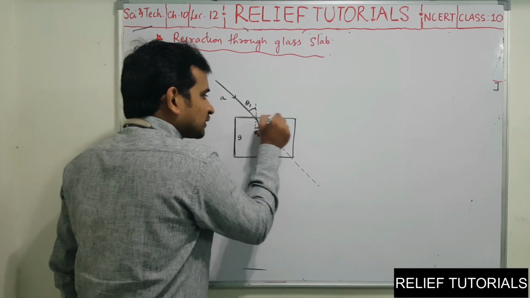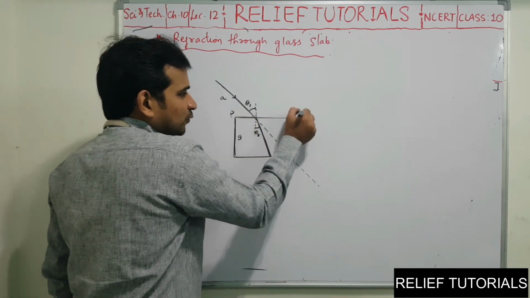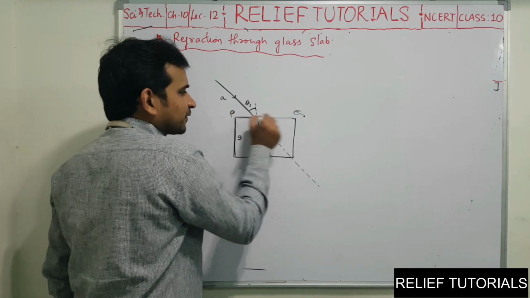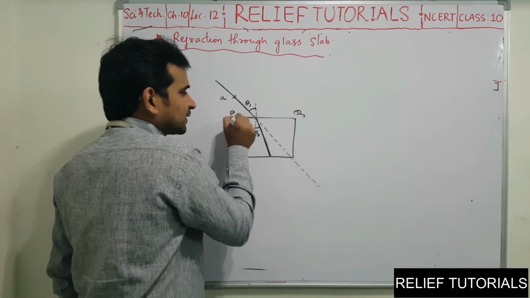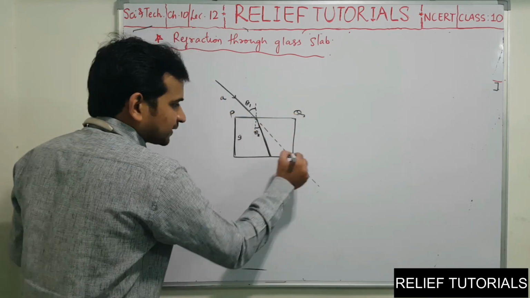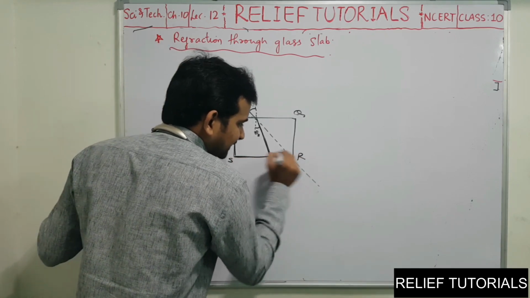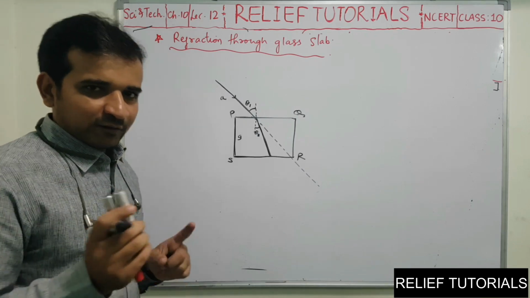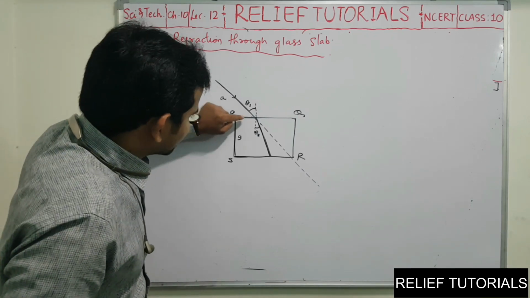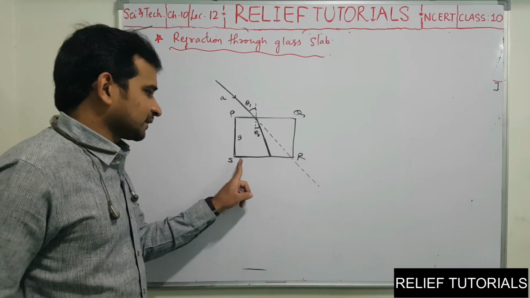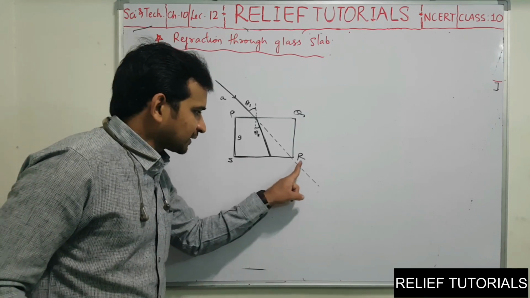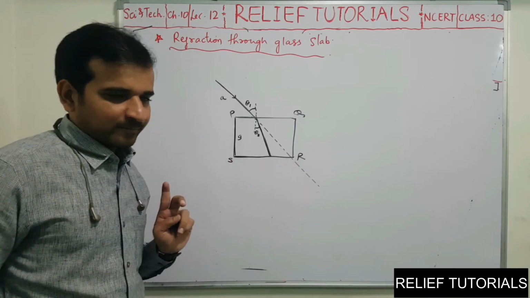Let us name the walls PQ. This PQ surface is the first interface, and let us say this RS is the second interface. So first refraction occurs at interface PQ, and second refraction is going to occur at interface RS.